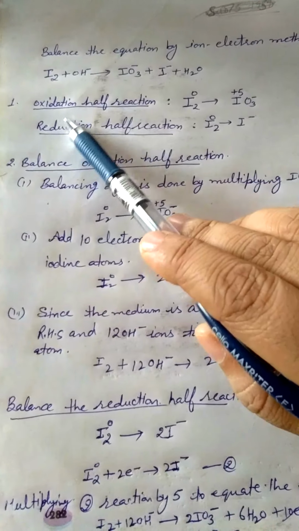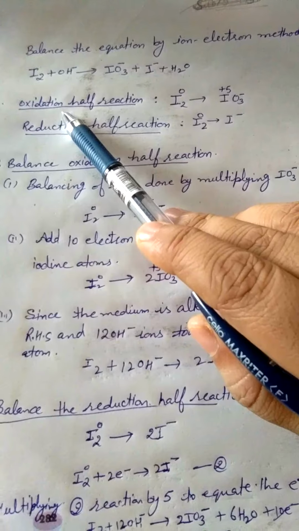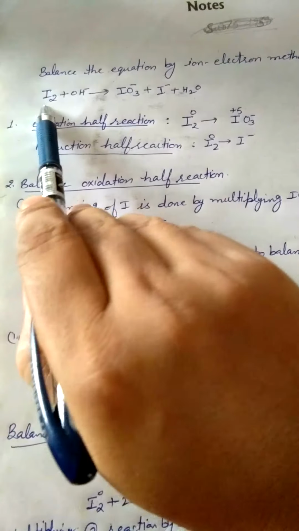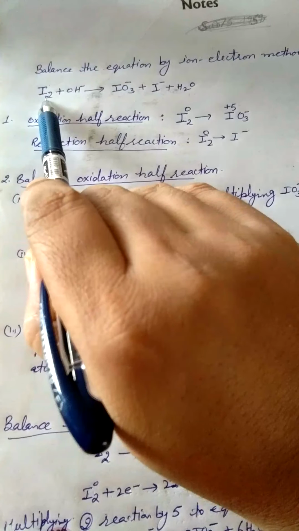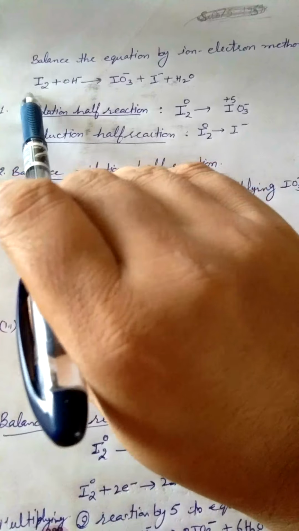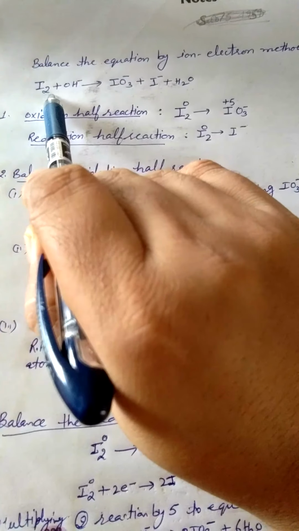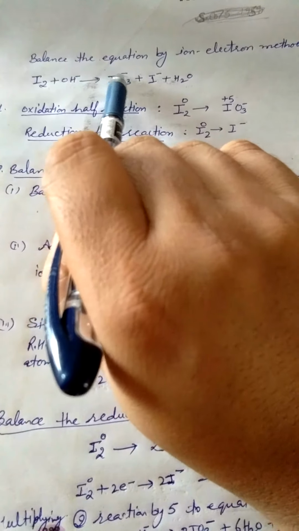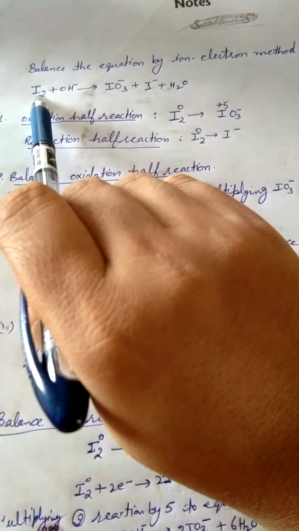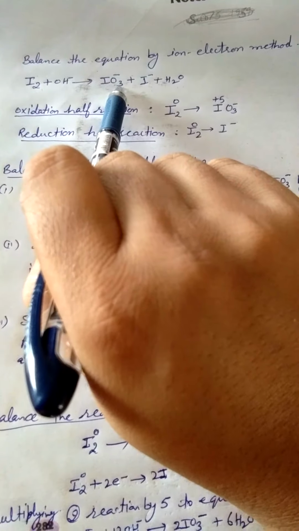Let's see. First you take the oxidation half reaction. In this equation you see whose oxidation occurs and whose reduction occurs. You see here I2 is converted into IO3 negative. In this case its oxidation will take place.